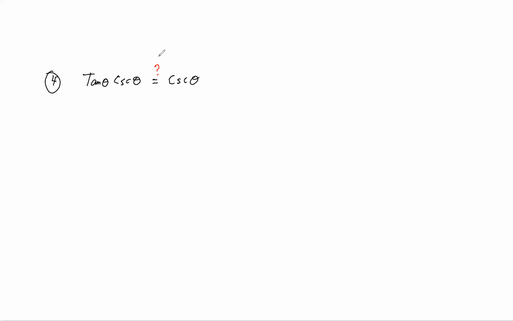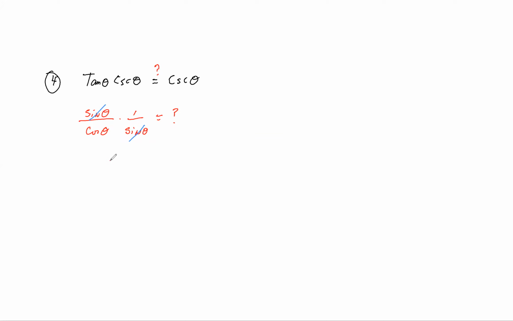I go to tangent. Tangent is equal to sine over cosine. Cosecant is equal to 1 over sine. Is it equal to this part? We don't know. I simplify sine and sine.